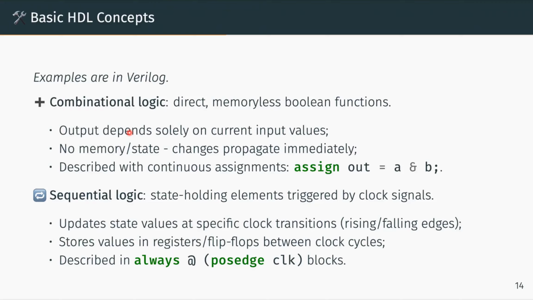The output depends solely on the current input value. That's simple. If we have A and B, then A plus B is always that value, it can't be other values. So it only depends on the current input values. And there is also no memory or state for combinational logic. If the input changes, we don't have any way to store the previous value.